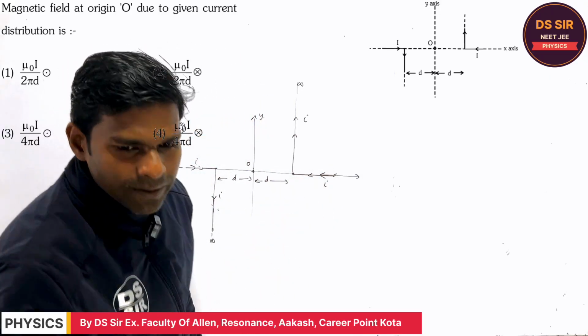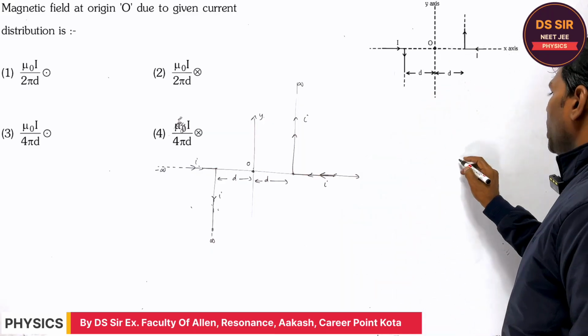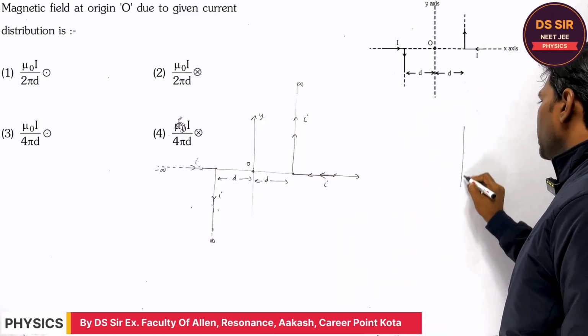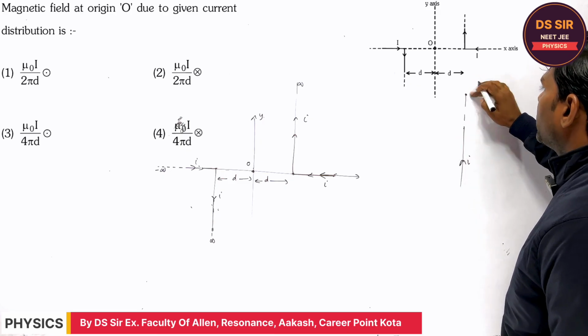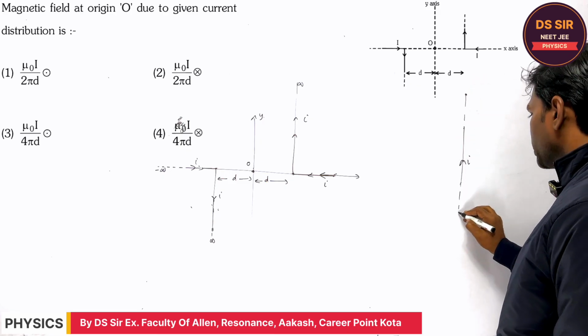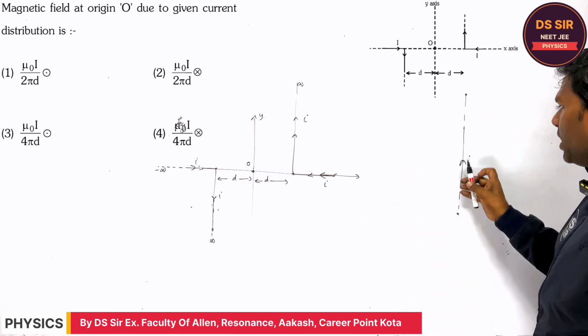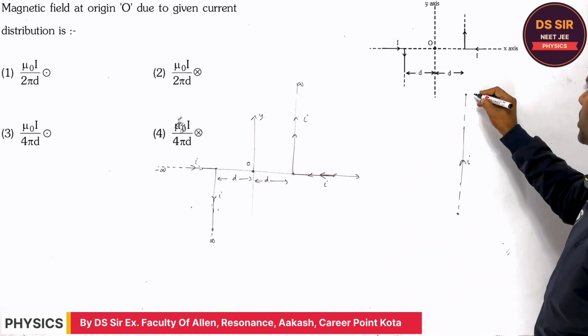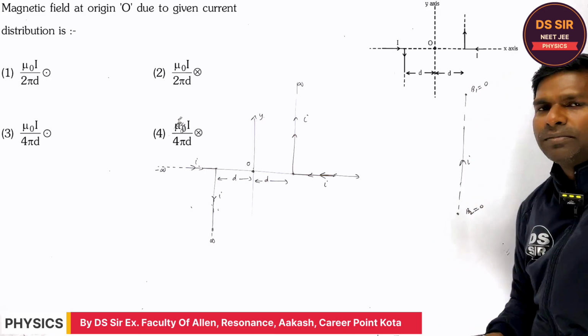Listen, one more important point I am telling you, if you don't notice that: if this is the current carrying wire and the point P lies on the wire at this point or this side, any point P lies in the line of the wire, the magnetic field at this point will be 0. Is it clear or not?